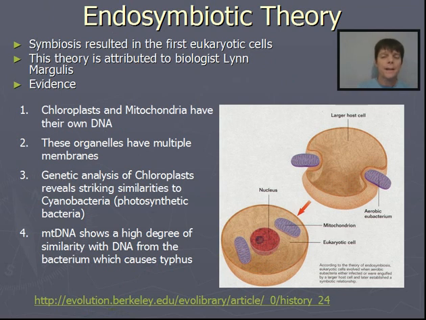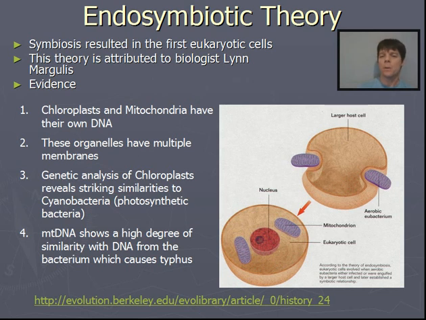The final thing that I'd like to discuss in this video is a really interesting theory called the endosymbiotic theory. This is actually a theory which attempts to explain the origin of the first eukaryotic cells. Those are cells that have a nucleus and have organelles like mitochondria and chloroplasts.